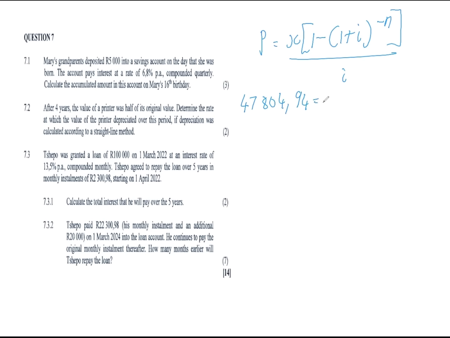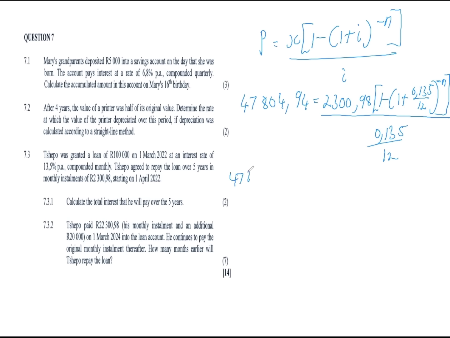Remember, he still makes those monthly installments of 2,300.98. And then we have 1 minus (1 plus 0.135 over 12). But this time around, we are looking for that n. We are looking for how many months it will take him to pay. 0.135 over 12. Then cross multiply here. So you do your maths here.